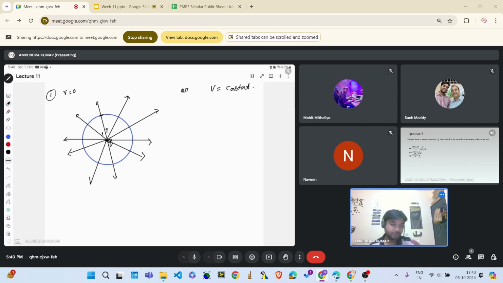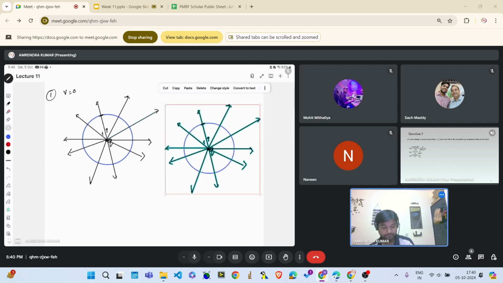Why constant? We have seen simulations and illustrations where the field lines were not changing, even though this charge was moving with some velocity.